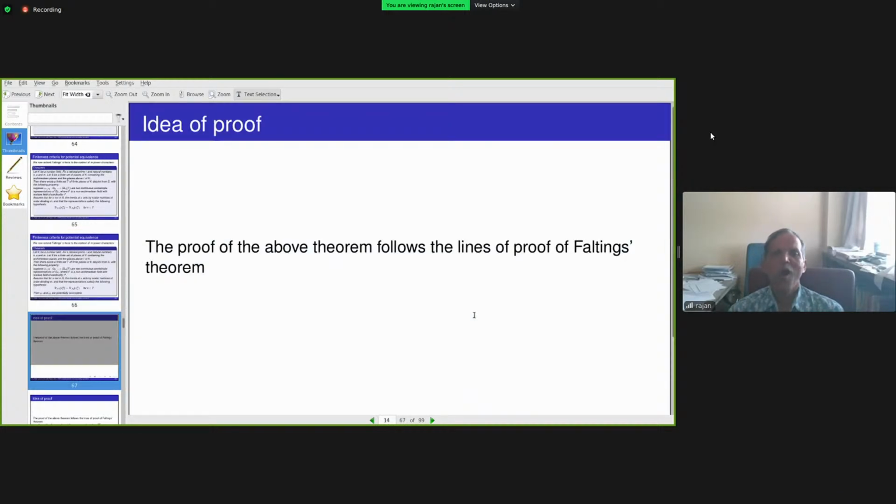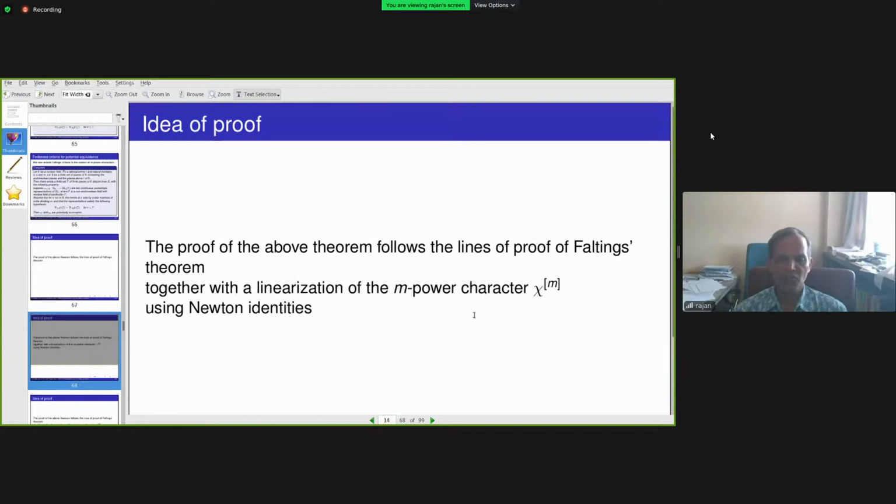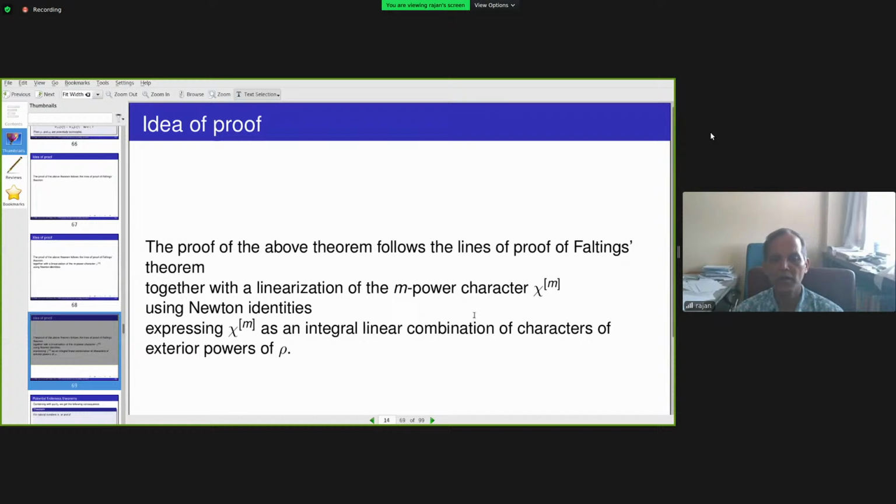Okay. So the proof of the above theorem basically follows the lines of Faltings theorem, but what we do is we use the linearization of the m-power character χ^m using Newton identities. So Newton identities express this: you can express this χ_m as an integral linear combination of... see, this χ_m is really related to the Newton polynomial in m variables, right?